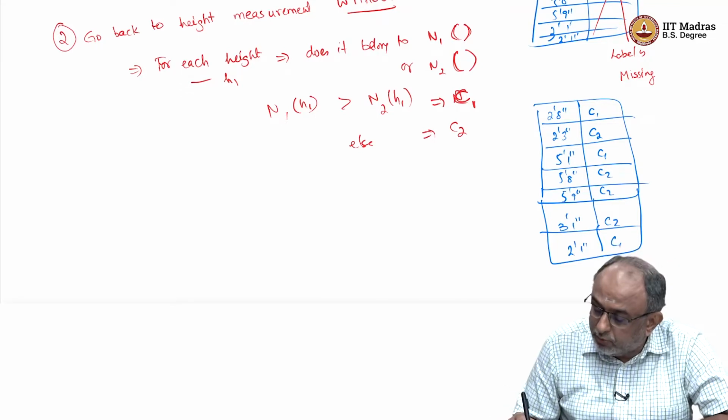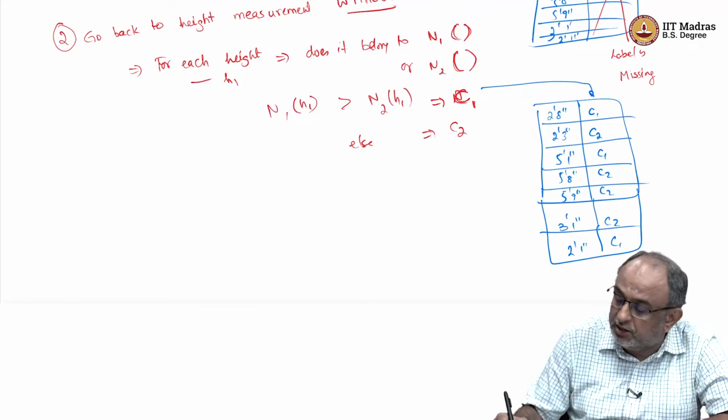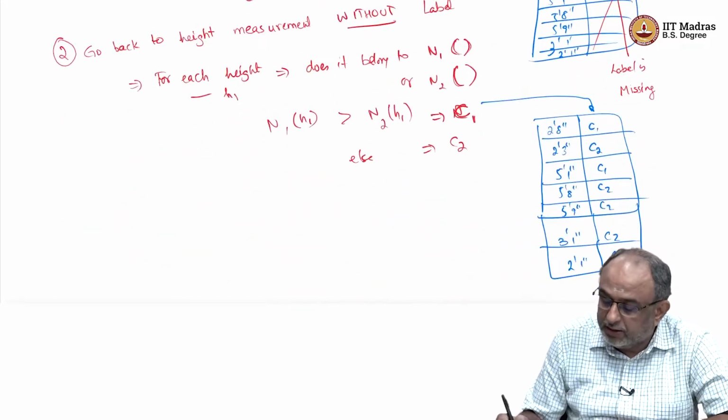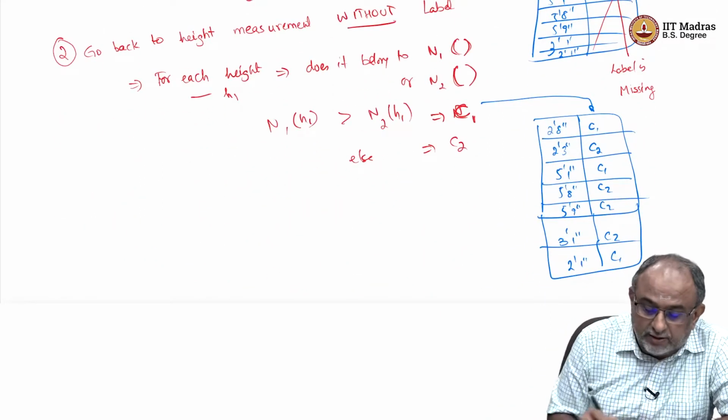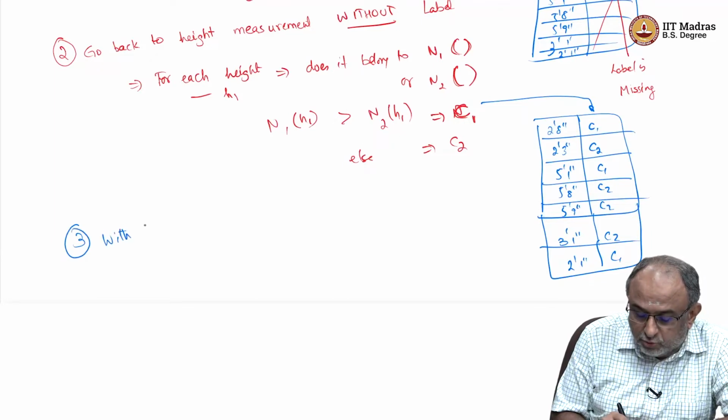But this is got from the initial model that I had, which was randomly initialized. Now, this looks like labeled data.